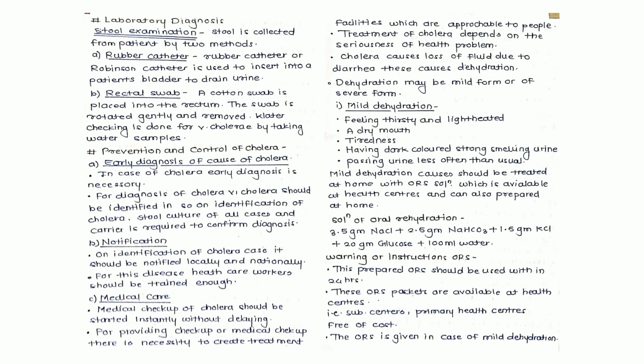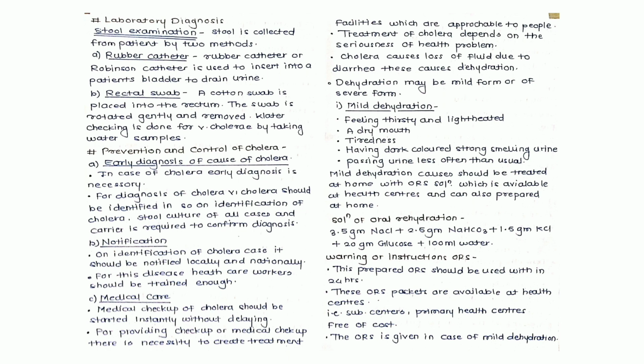Second is medical care. The medical care of cholera is focused on treating the symptoms and preventing complications, including severe dehydration and electrolyte imbalances. Cholera is a bacterial infection that causes severe diarrhea and vomiting, leading to rapid loss of fluids and electrolytes from the body.